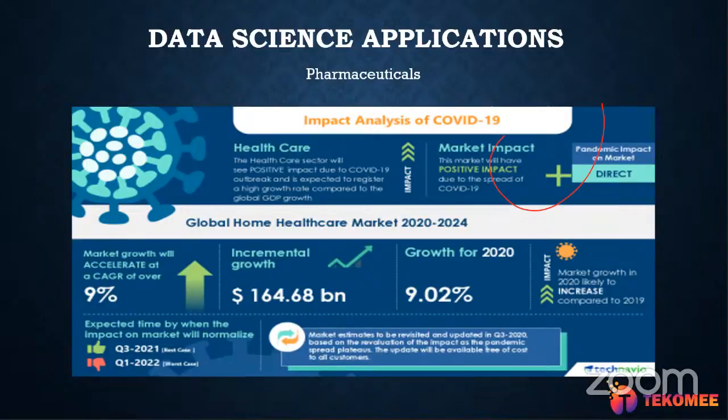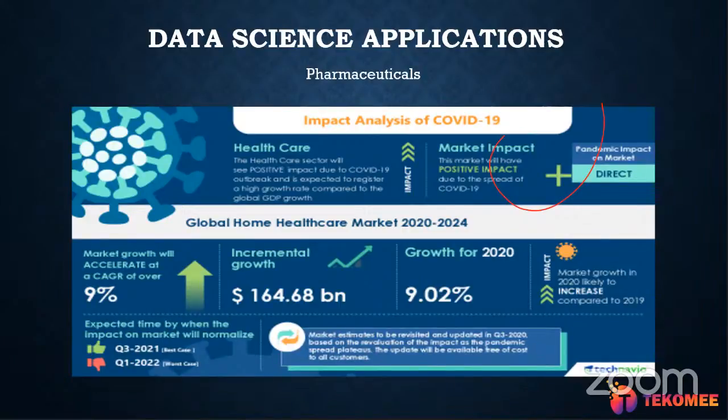This kind of analysis goes on every time we want to understand the impact of the pandemic on various segments, not only healthcare but also industry and other markets, right?